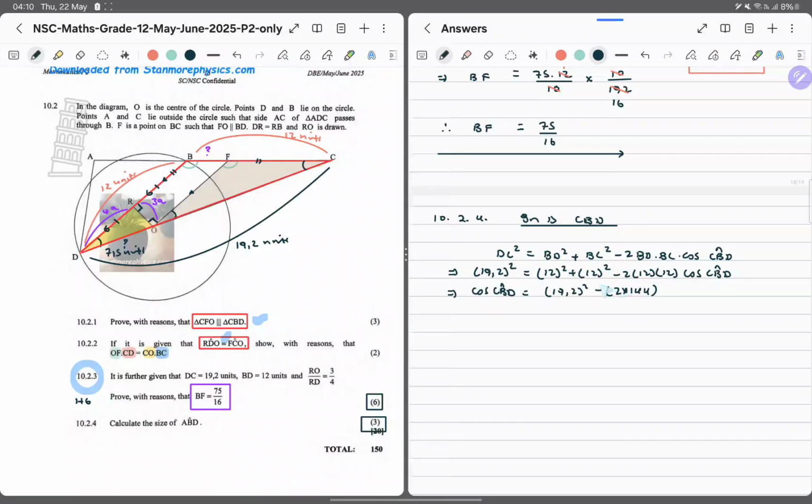Right, and then we divide this whole thing by, again, minus 2 times 144.